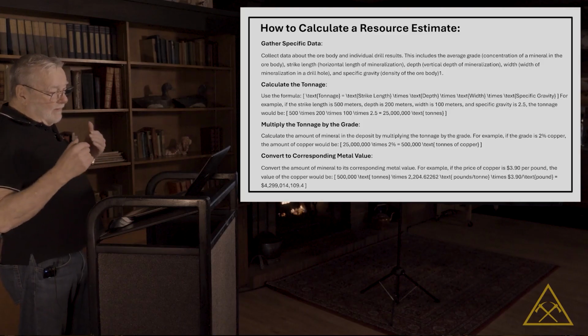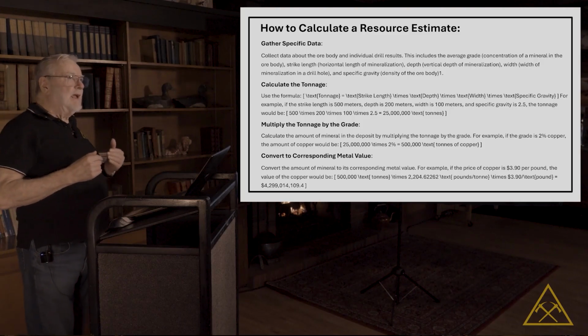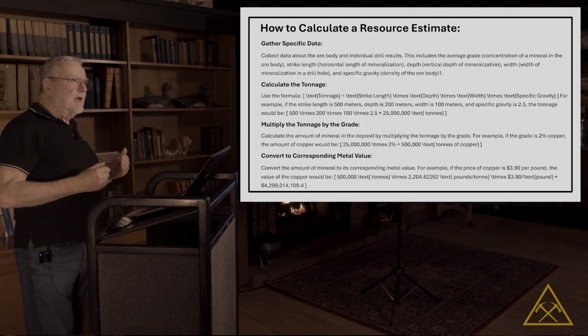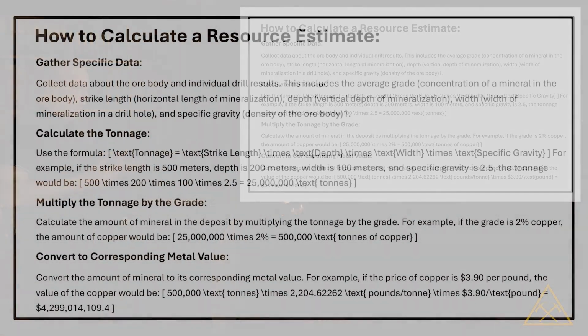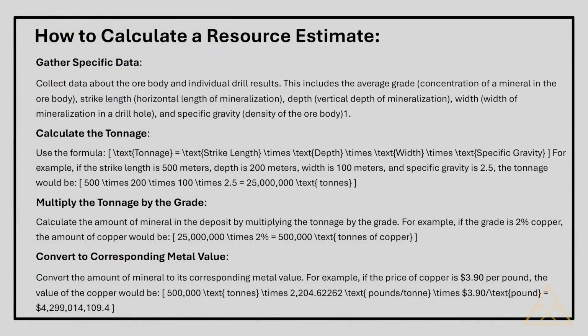With $2 gold as an example, majors would have their geologists doing back of the napkin type calculations. When you have a resource estimate done, it's done by a qualified person who is independent of the company, and he provides you with the resource estimate, so his professional reputation is on the line. But a major that's watching can just do the calculations in-house and they know exactly what's going on.